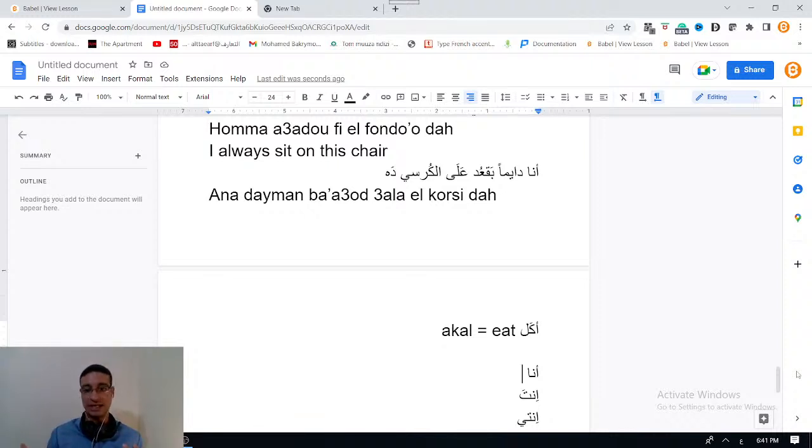So how to conjugate this in the past and the present tense? أنا أكلت. I ate. In the present tense it's أنا باكل. In the present tense we don't pronounce it like أنا بأكل.